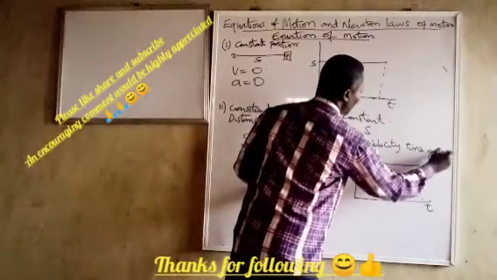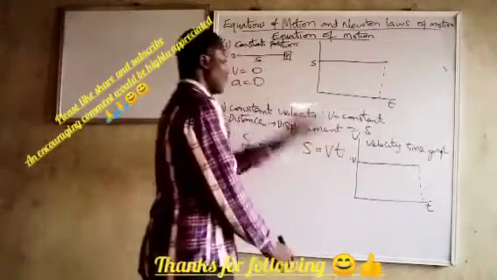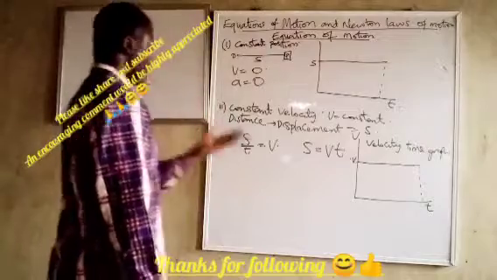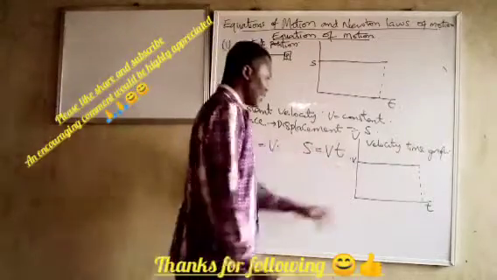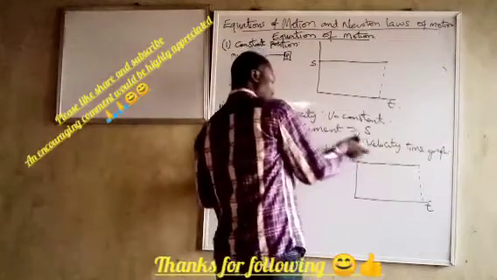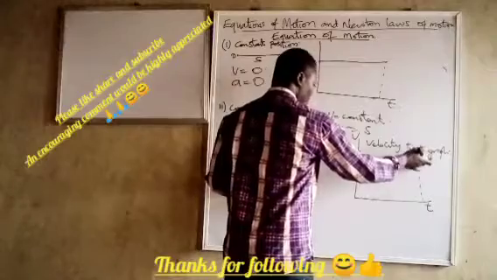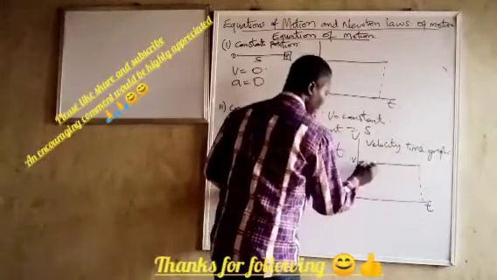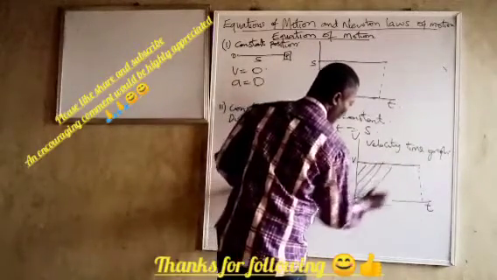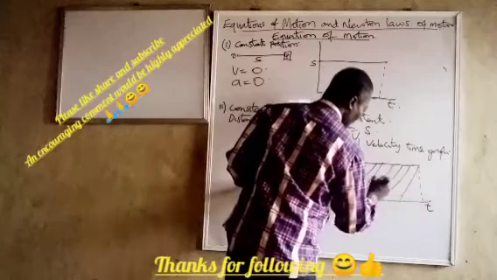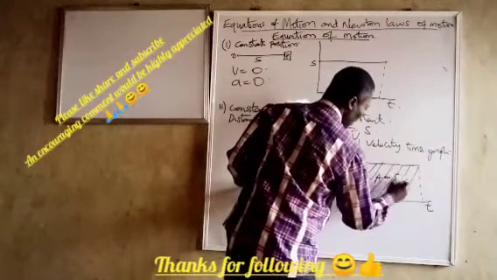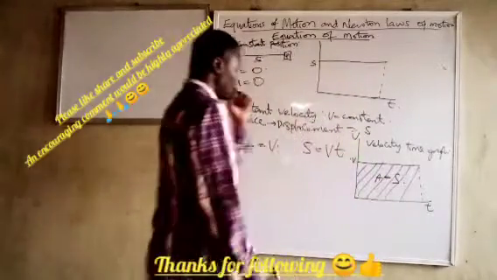Please, these graphs are very important. Velocity time graph. The area under this velocity time graph, between the graph of velocity and time, this area A is equal to S for this.